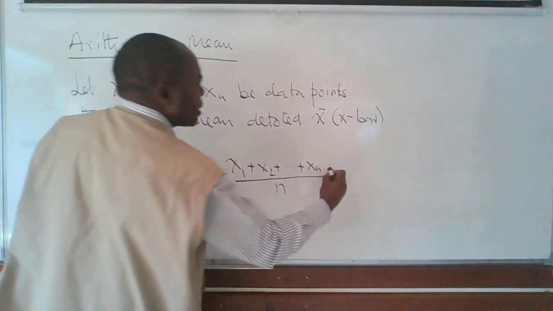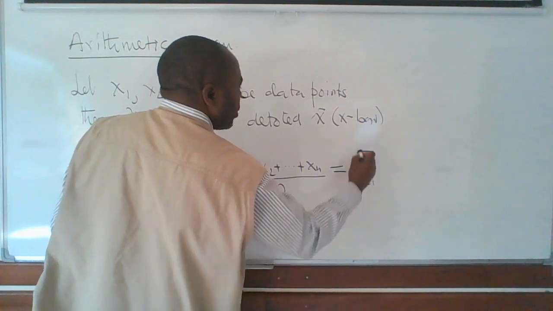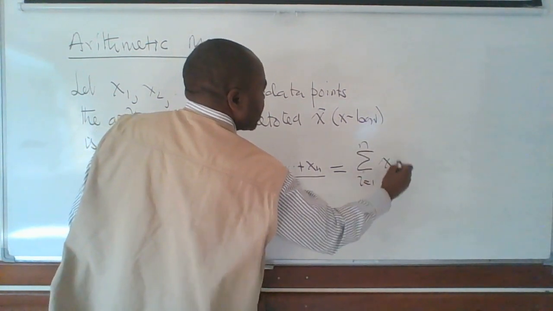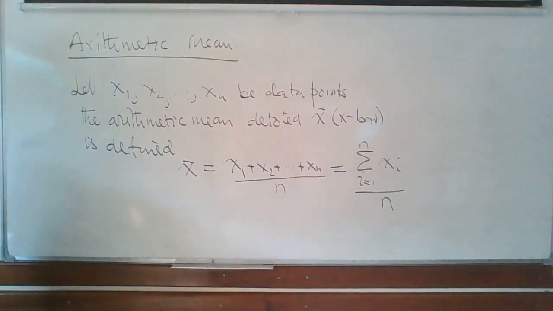In short, this can be written as summation of i running from 1 up to n, xi divided by n. So this is the arithmetic mean.